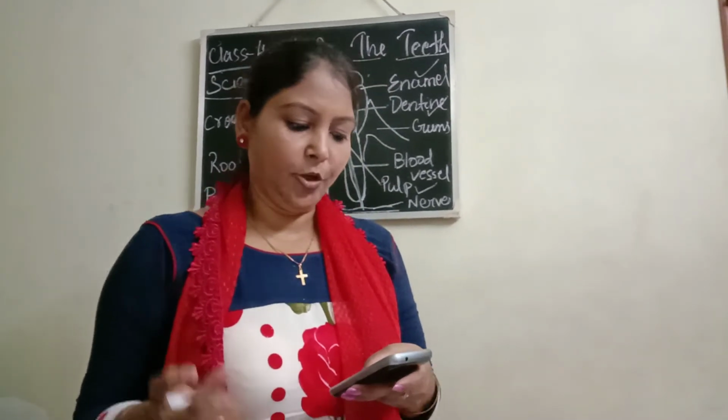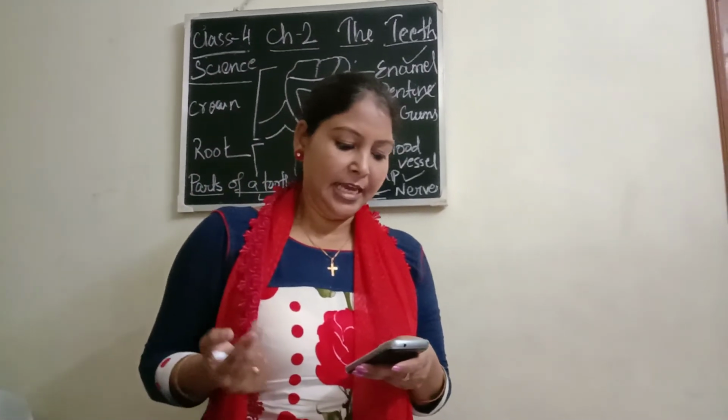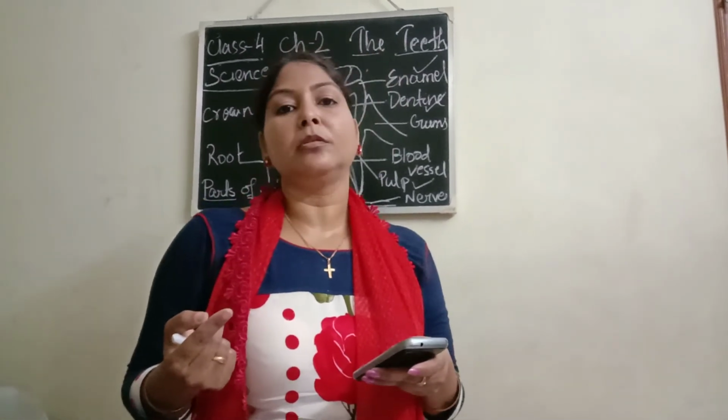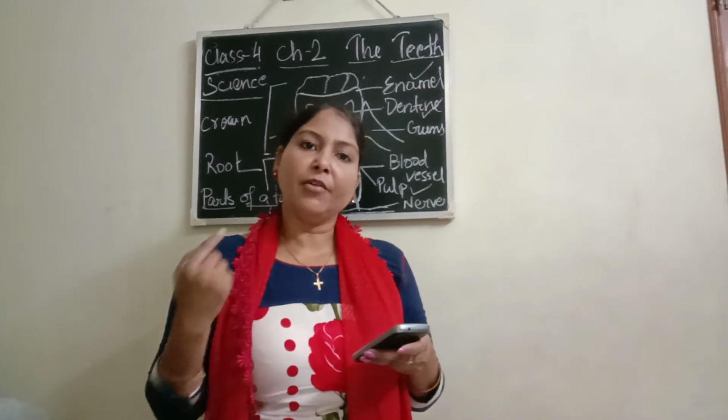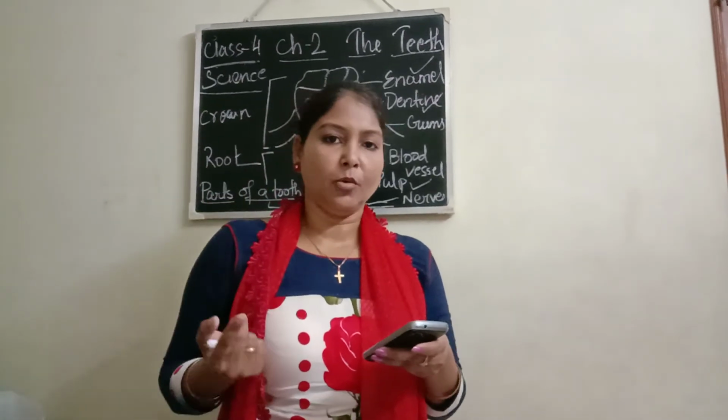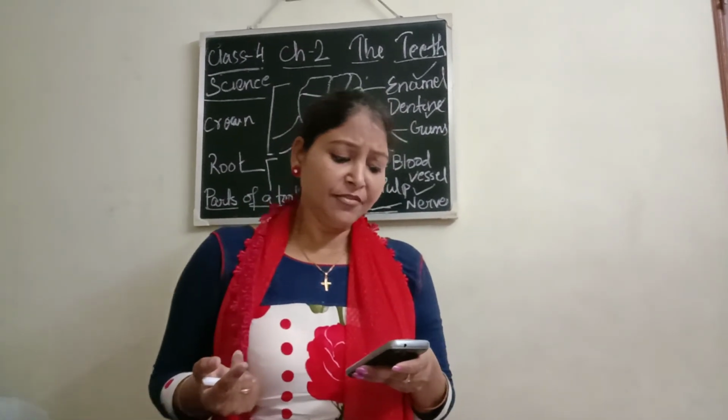So basically, these are the few points where you can take care of teeth. What are they? You must brush your teeth twice daily. Then use a soft bristle brush and fluoride paste. Third point, rinse your mouth after every meal. Fourth point, use only dental floss.